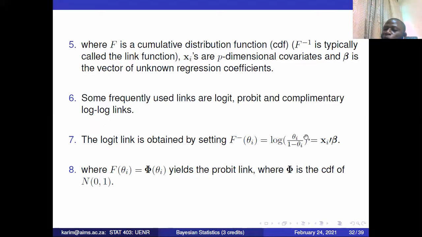So when you do that, you group like terms. You are going to have theta, then because this is minus, you take it across the equal sign, it becomes positive. So you get theta plus theta times exponent of this, and then that will be equal to that. So I will make my theta the subject.